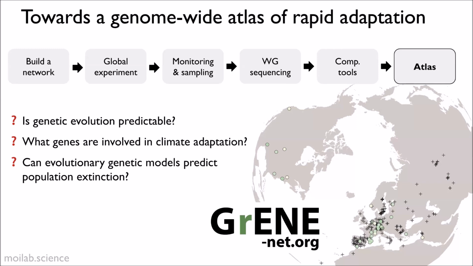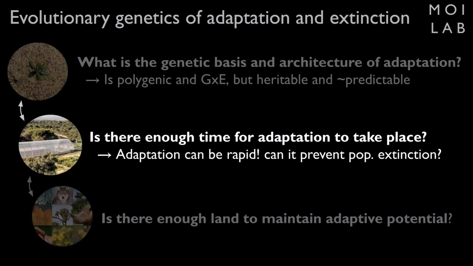And I think that GreenNet will be a key resource for the community, which we're going to make available pretty soon, because in some locations, populations went extinct after a couple of generations, versus other locations, populations remain alive after half a decade. And this is a perfect scenario because we have demographic data and genetic data for both of those populations, those that went extinct and those that did not. So this is a perfect toy data set for creating these new models and testing them.